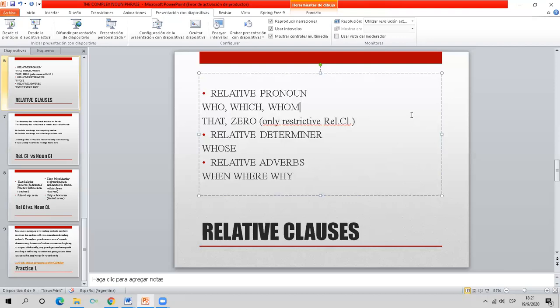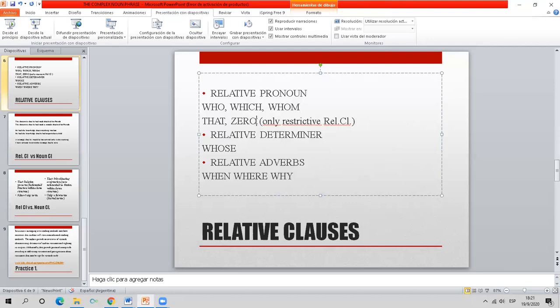Of course, it is quite a formal word, and most probably I would say the man who I love, or the man that I love, or directly the man I love. So it means I could use who instead of whom in this case, or that, or even the zero relative pronoun.